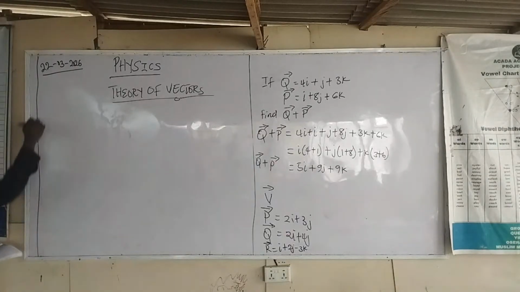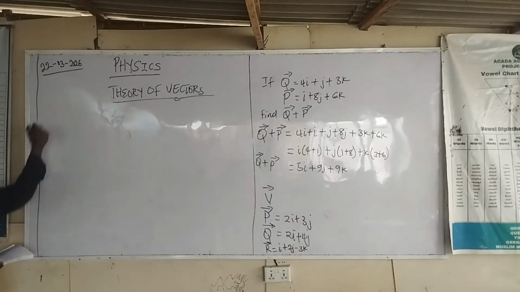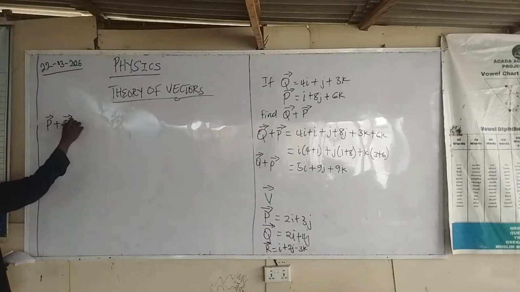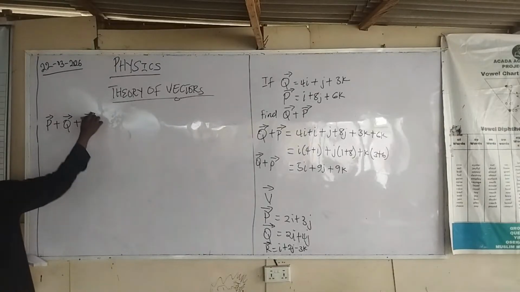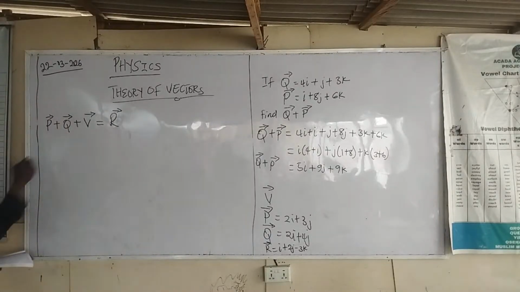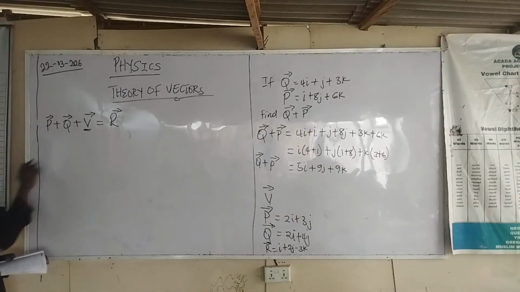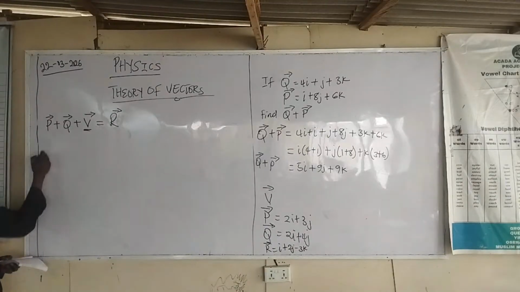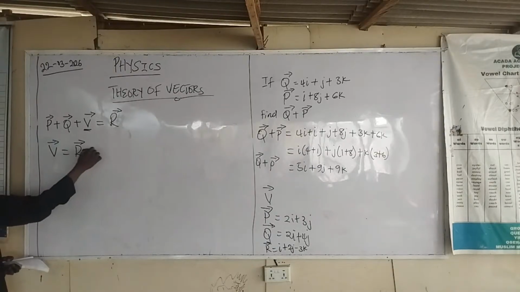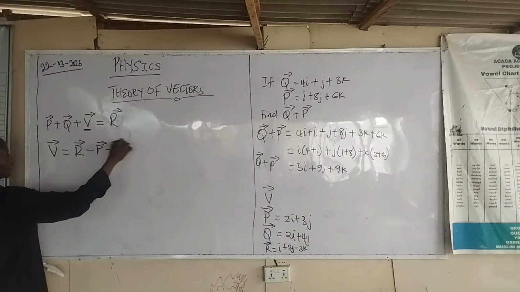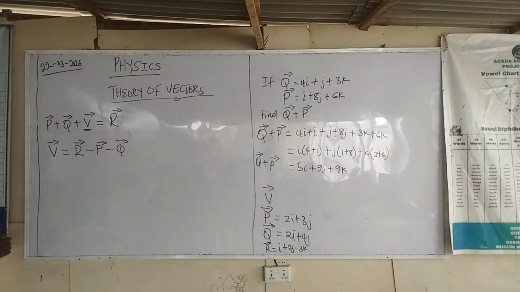So what our question is trying to tell us is that p plus q plus v will give us r. And we don't know v, but we know p and q. We also know r. So we make v the subject of the formula: r minus p minus q.